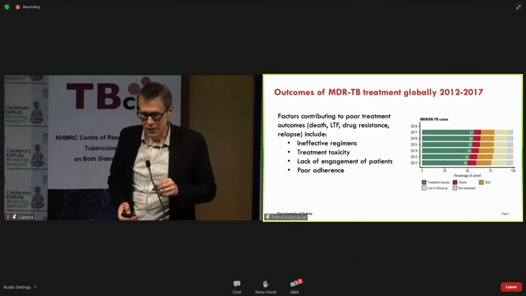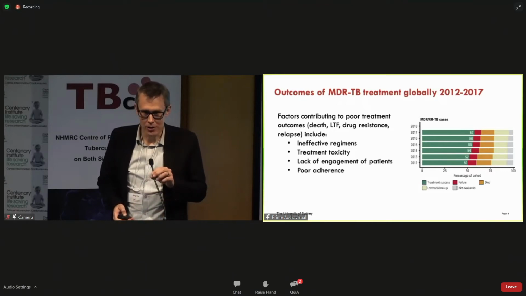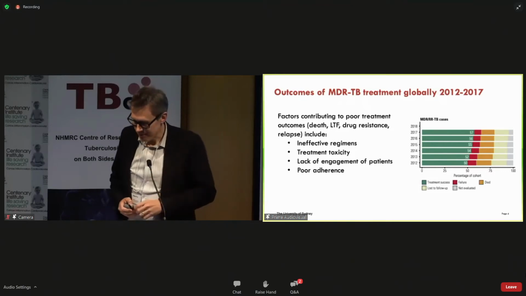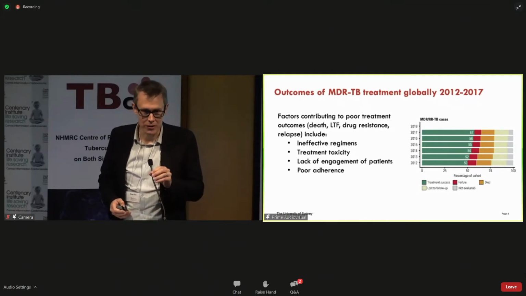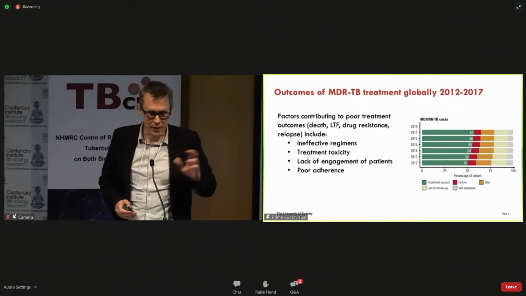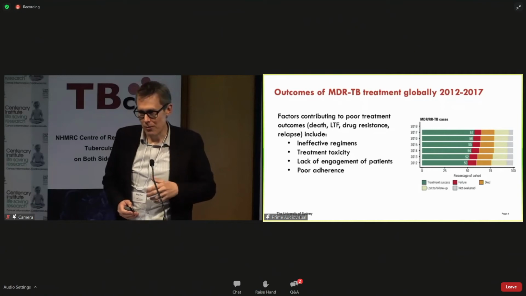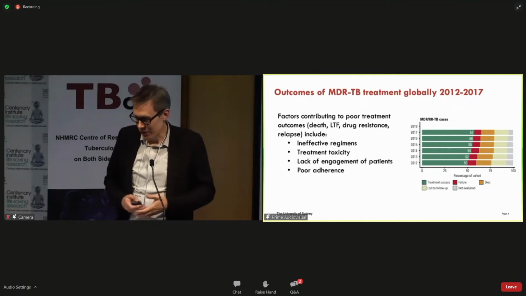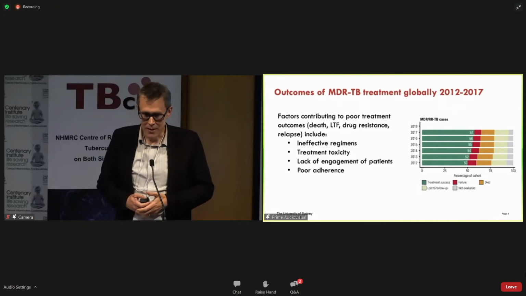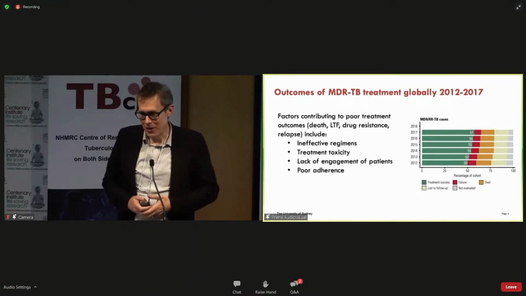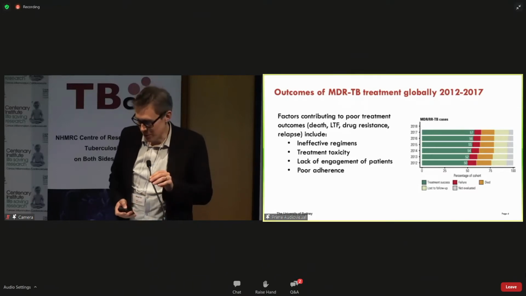Now, there are several factors why people might not take all of their TB treatment, and some of them are listed there. One is they may find that the treatment is not effective, and so the disease persists, and that may then contribute to the patient dropping out from the program because they don't feel that the treatment's working.